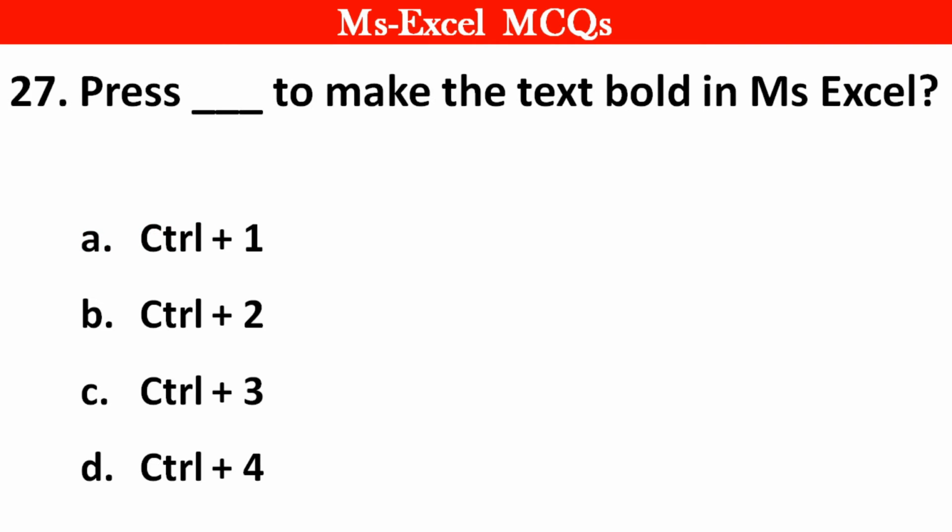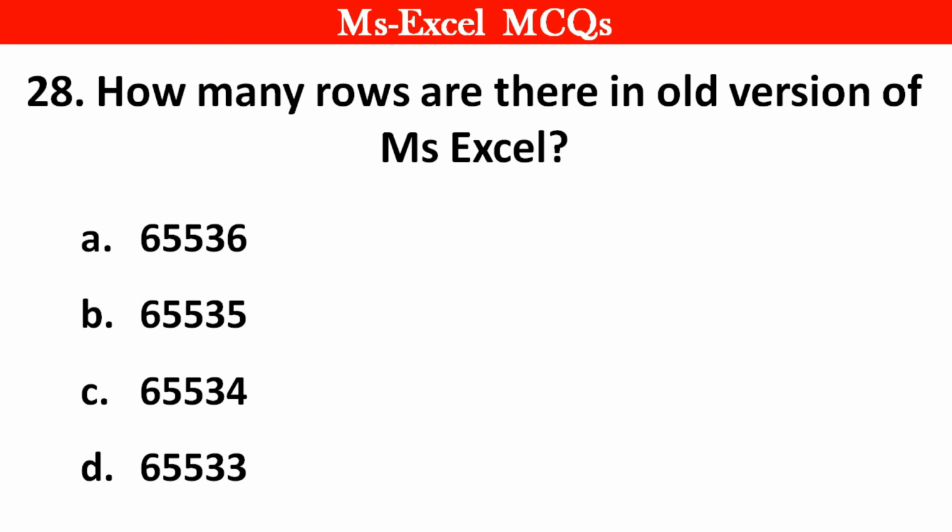Next question. Press dash to make the text bold in MS Excel. Right answer is option B, Control plus 2. Next question. How many rows are there in old versions of MS Excel? Right answer is option A, 65,536.